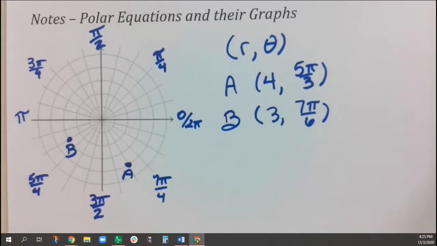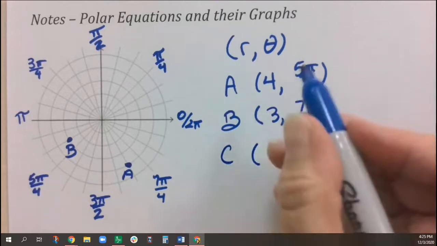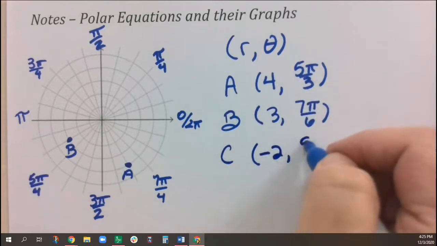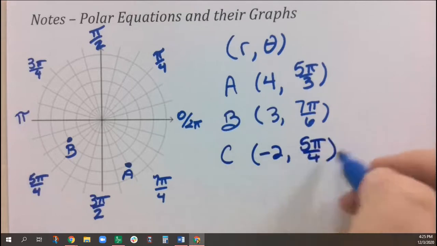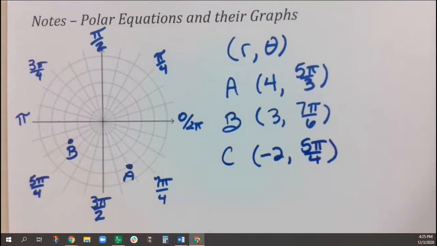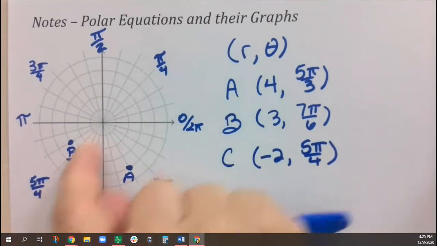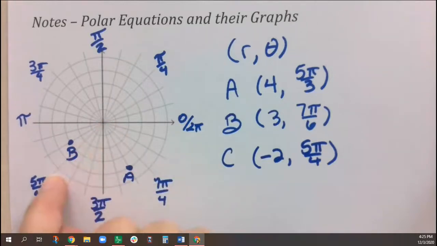Let me give you one more point. Let's do one more to try to graph. Notice this time I've given us a negative radius, -2, and our theta is 5 pi over 4. When we have a negative radius, we're going to find our spoke, 5 pi over 4, which is of course here in the third quadrant.